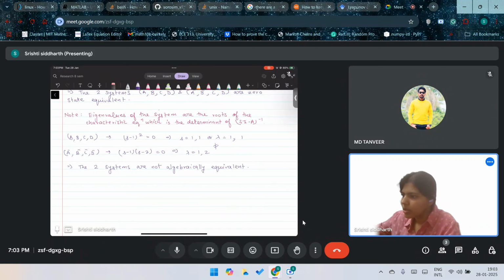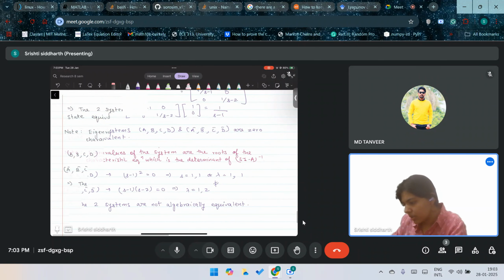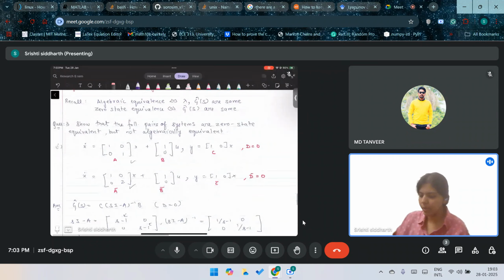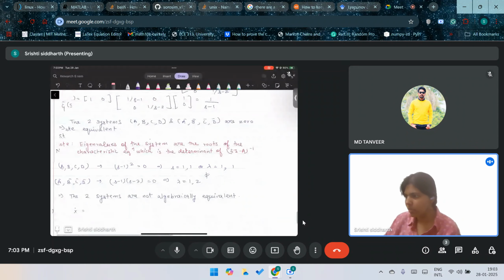Alright, so we have another case. So this was part 1. Now let's look at this. Both of the systems given above were of the same order. We had a 2 by 2 matrix here and similarly here. Now let's see another example.